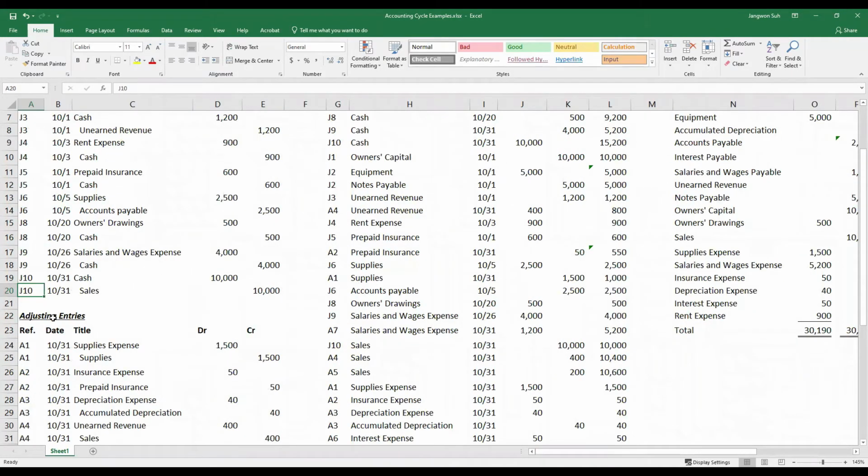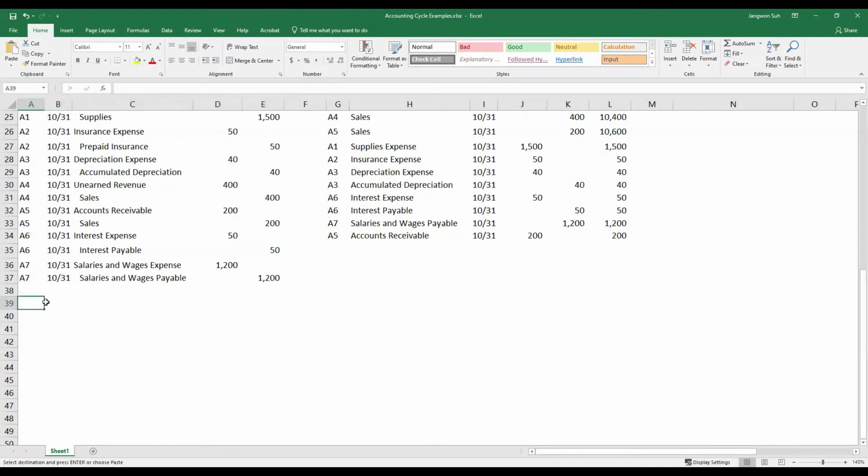By the way, closing entries, let's prepare here. What should we zero out? Sales and all the expenses first, and then next owner's drawing and something called income summary, right? So let's pay attention to zeroing out the sales and expenses.